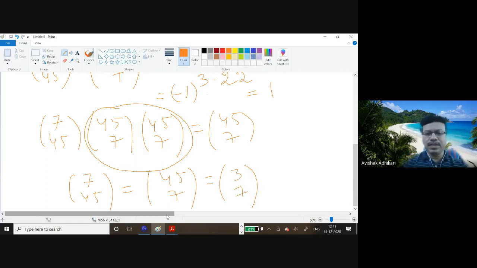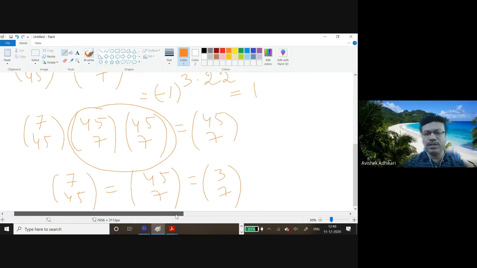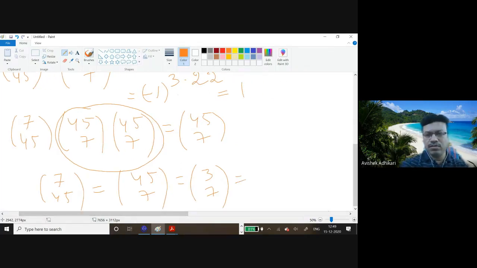Now you can very easily calculate the value of (3/7). You can use the simple technique, 3 to the power (7 minus 1) by 2, that means 6 by 2, that means 3 modulo 7. So what is this value?